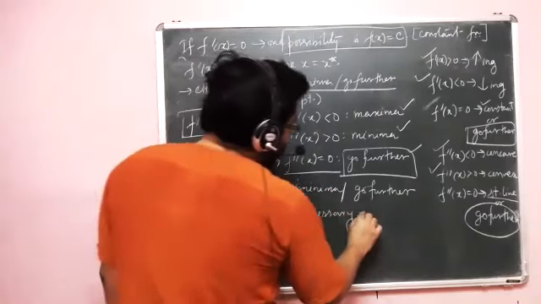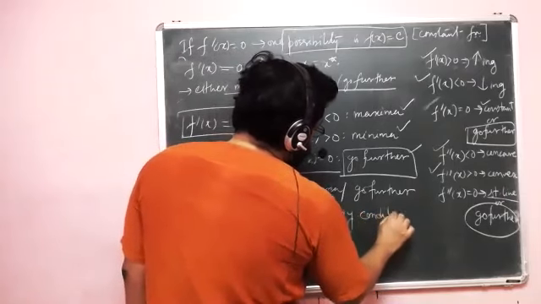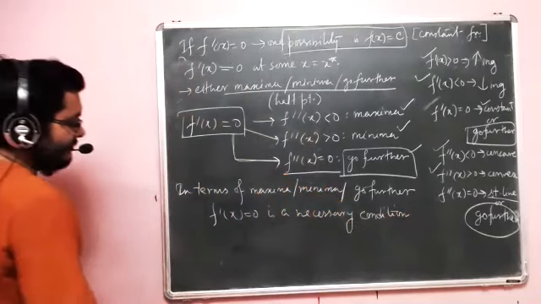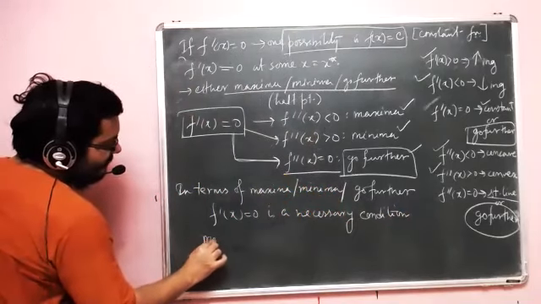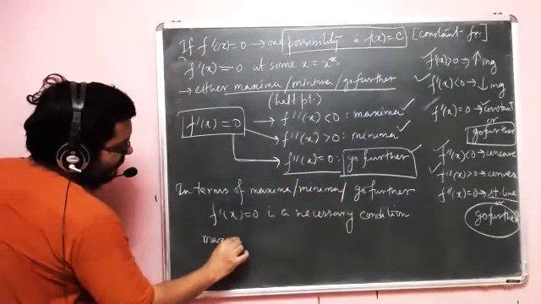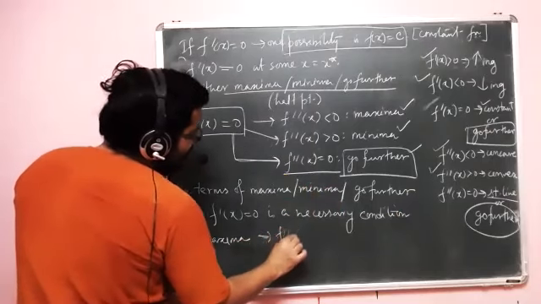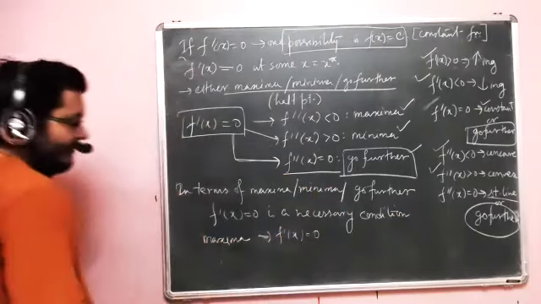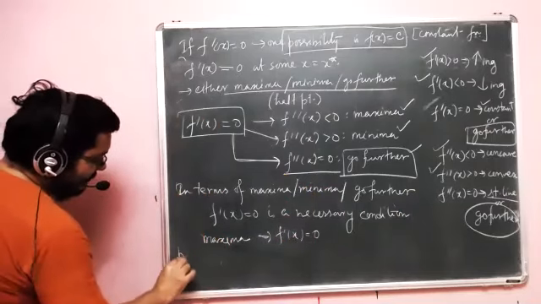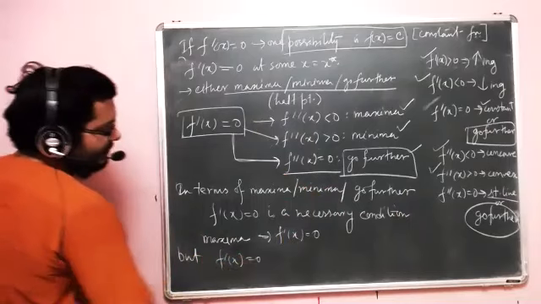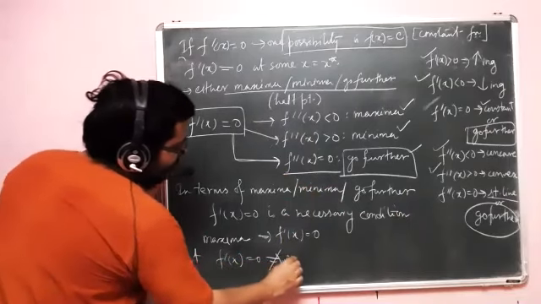So what do you mean by a necessary condition? This basically means that if I have maxima, then it implies that f dash x equal to 0. But if I have f dash x equal to 0, then this doesn't imply that it's a maxima.